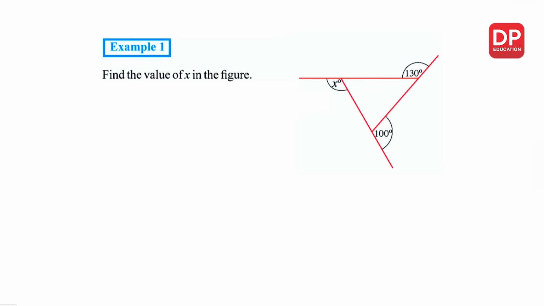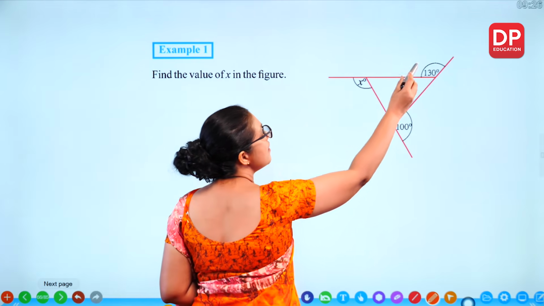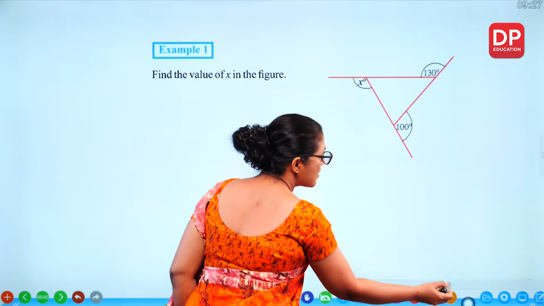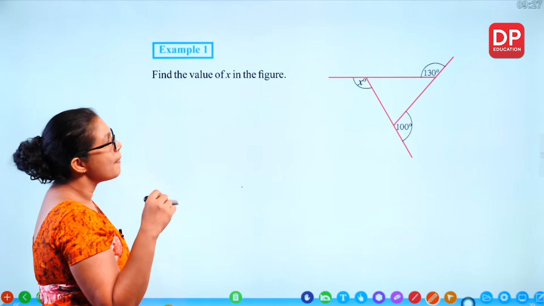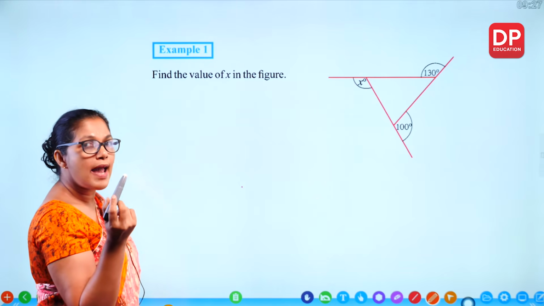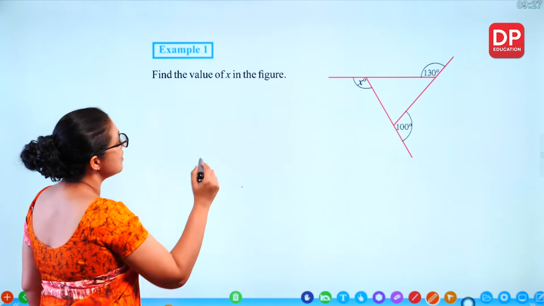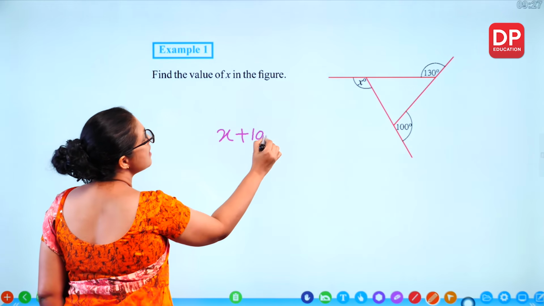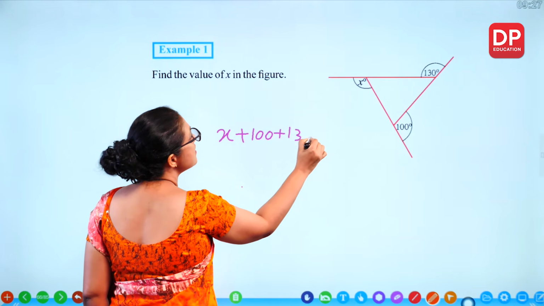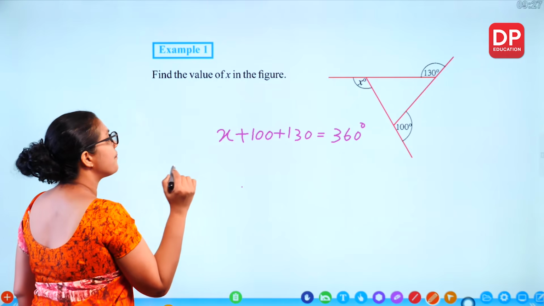Now we'll look at example 1. Find the value of x in the figure. When we extend the lines, we get exterior angles. So any polygon, when you take all exterior angles, they add up to 360. So we can use that property: x plus 100 plus 130 is equal to 360.